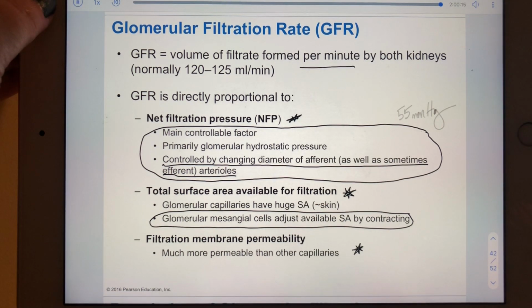And that blood pressure was that 55 millimeters of mercury that we just talked about, that winner of the tug of war, okay? That's what we can make adjustments to. That's pretty important.